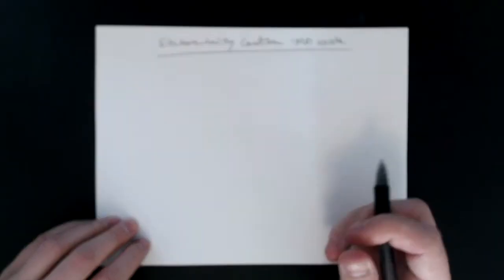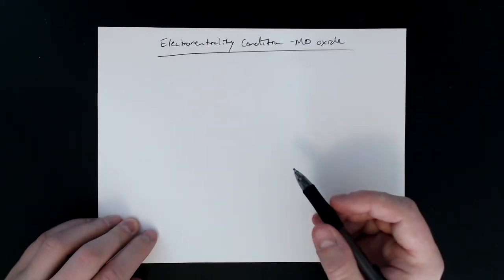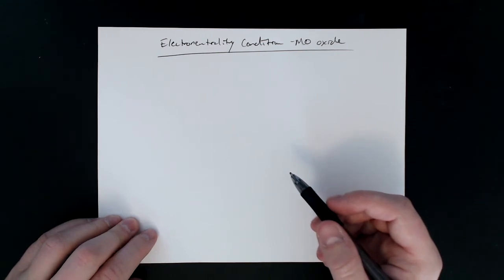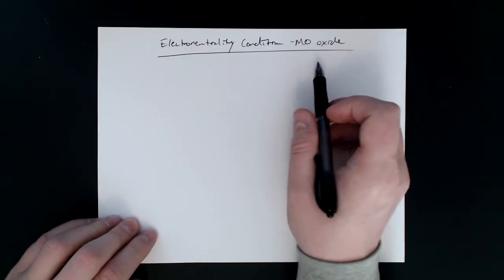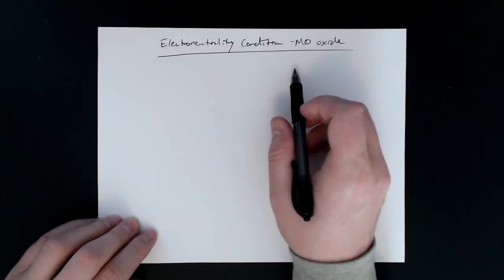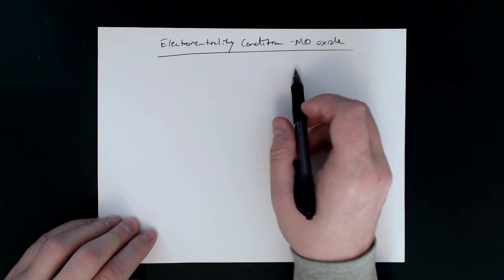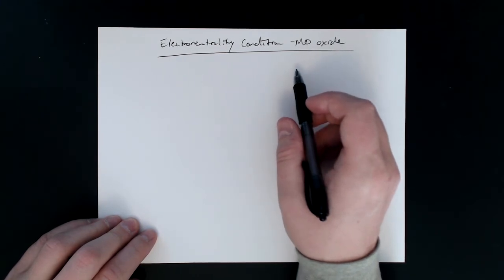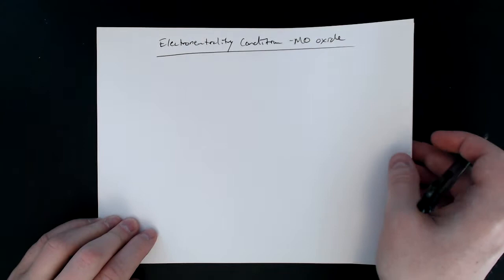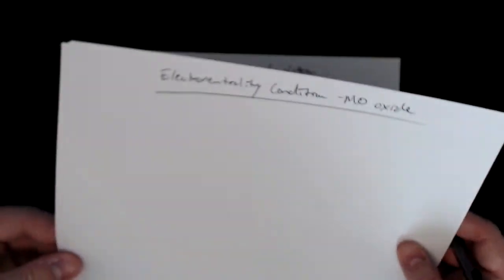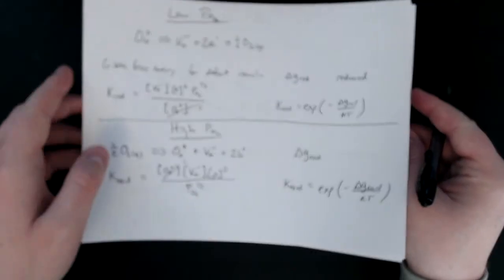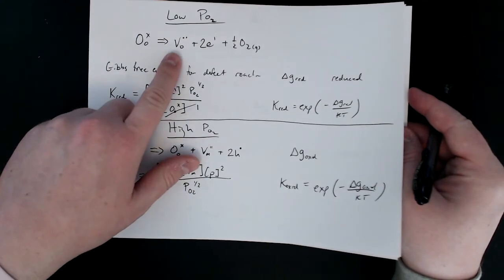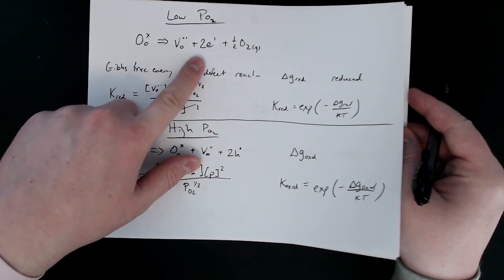All right, so now that you've had a chance to look at this, let's go ahead and write this out as a class. So for the electroneutrality condition for this MO oxide, and again, I wanted this in terms of concentration, what we're going to first do is list out all the positive and negative species that we might have. So for the low PO2, we had oxygen vacancies and electrons.